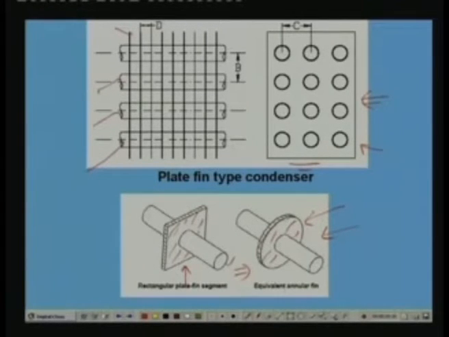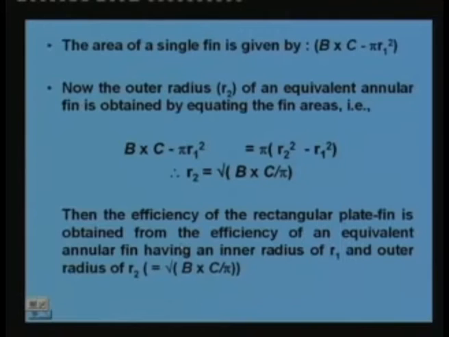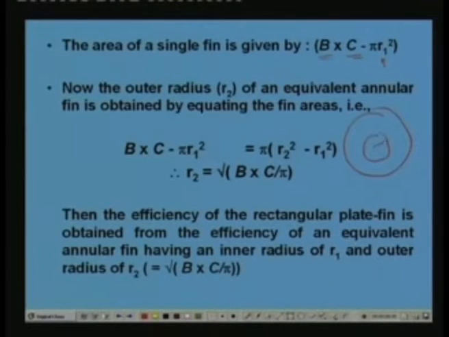So, let me quickly show the equations. The area of a single fin, if you look at the earlier picture, is given by B into C minus pi r1 square, where B and C are the breadth and height of the rectangular fin, and r1 is the inner radius of the annular fin. So you have the annular fin like this, with r1 and r2. r2 is not known to us.